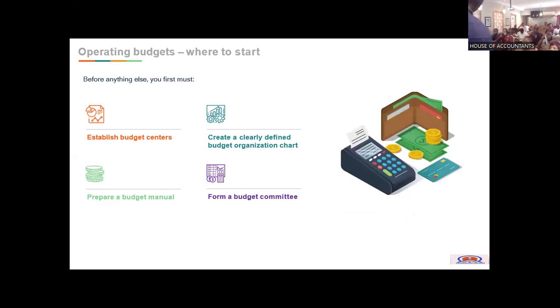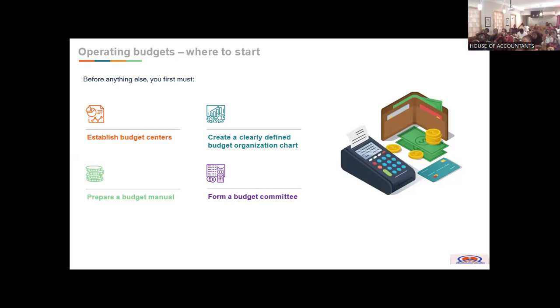So operating budgets, where to start? Before anything else, you first must establish budget centers, create a clearly defined budget organization chart and prepare a budget manual, and form a budget committee. So the first one is establish budget centers. Who are those people that are going to prepare budgets? It depends on your department.